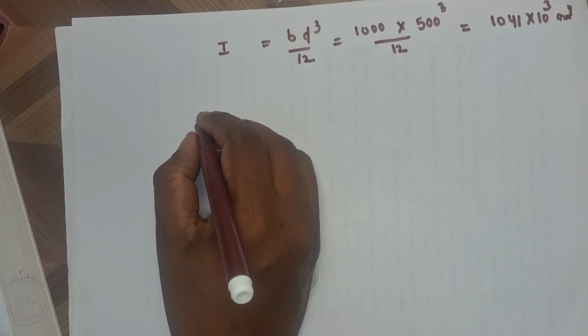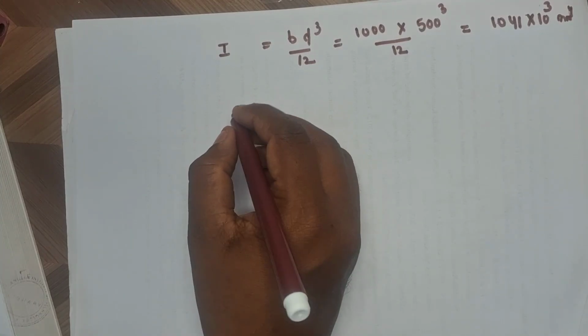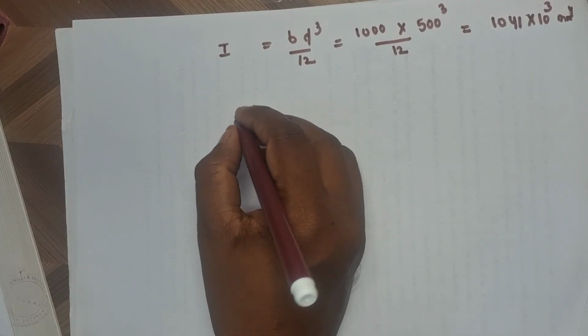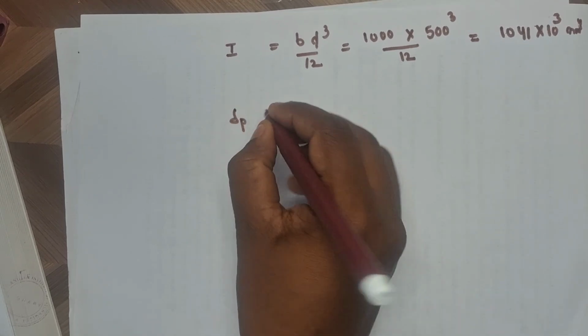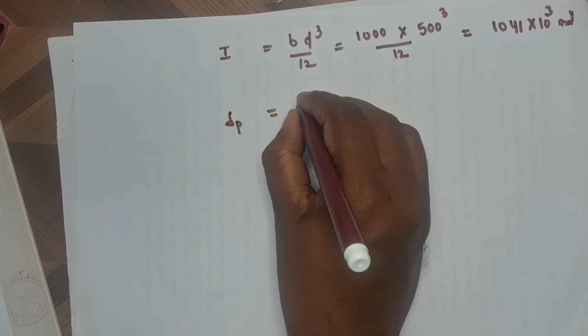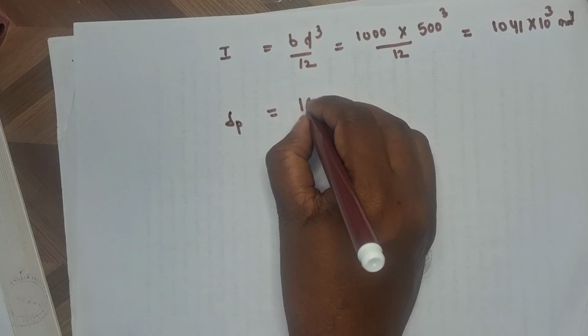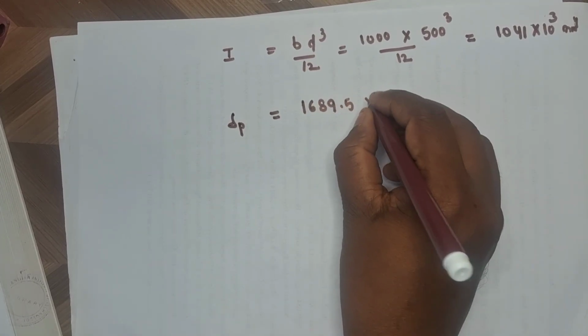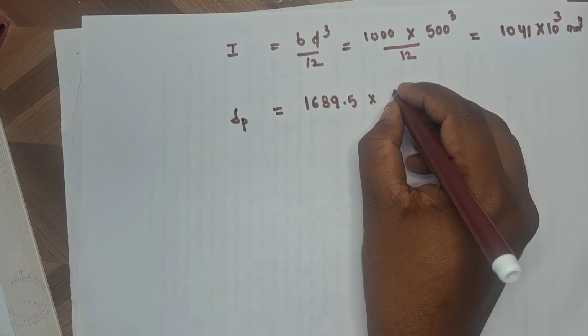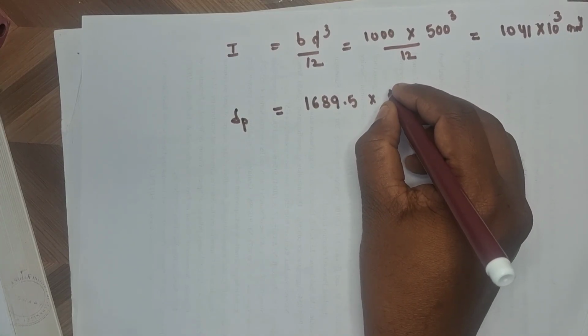Now if you substitute this value, deflection due to prestressed force is equal to P times 1689.5 multiplied by L squared. What is the span?